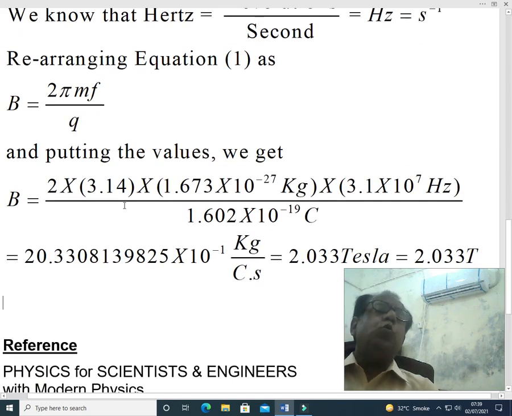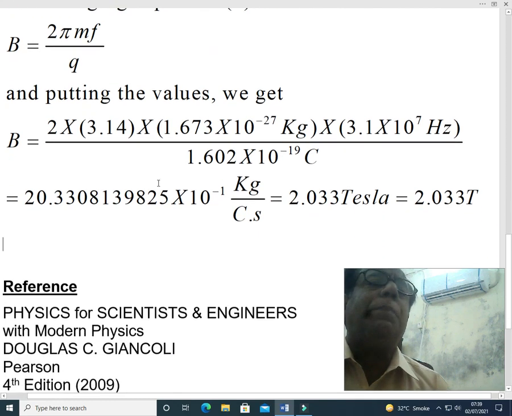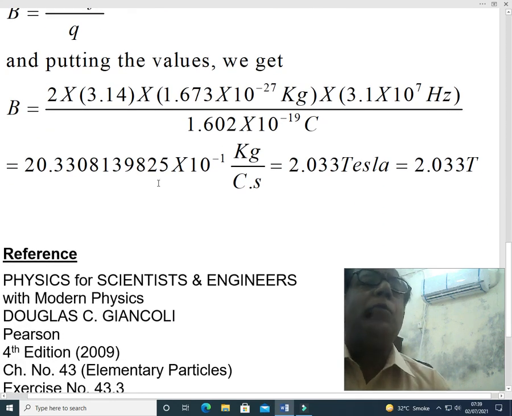B is equal to 2πmf over q, and putting the values which we have mentioned above, we get B equal to 20.33 and so on × 10^-1 kilogram per coulomb second.